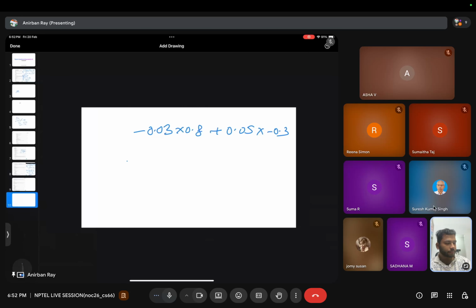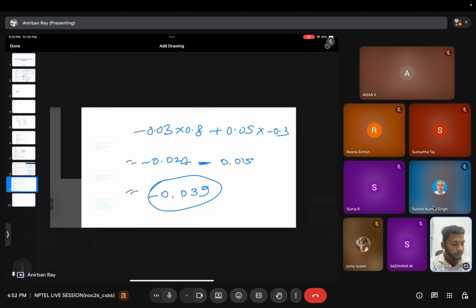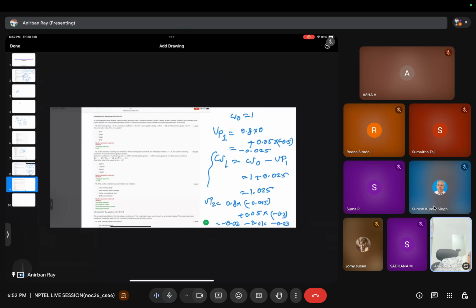Done. So that is minus 0.024, and 0.05 times 0.3 is 0.015, which will be negative as well. How much is it now? This is minus 0.039.